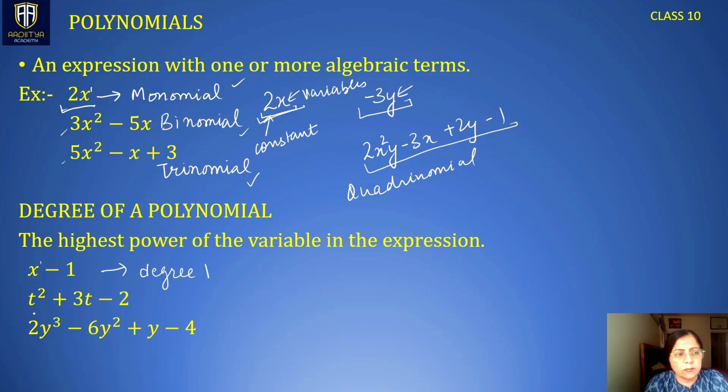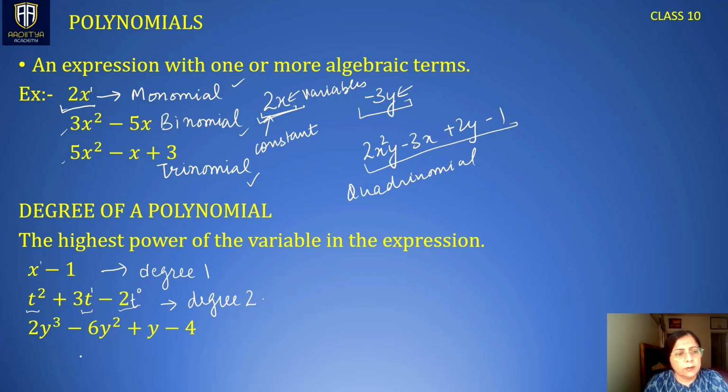In the second expression, we have variable t. Here we have highest power 2. In this expression, we have power 1. There is no variable, that means t raised to the power 0 is there. So 0, 1 and 2. The highest power is 2. So the degree becomes 2, right?